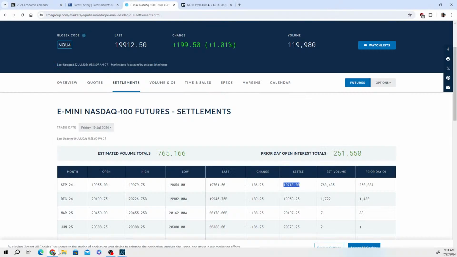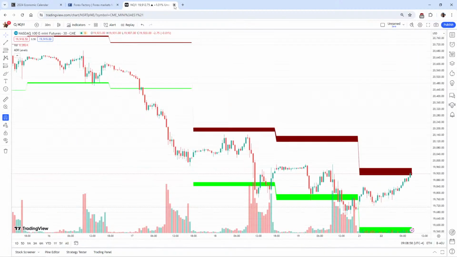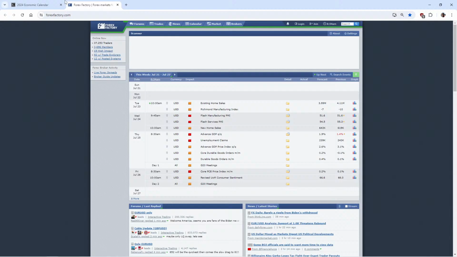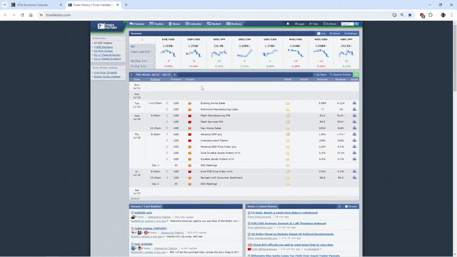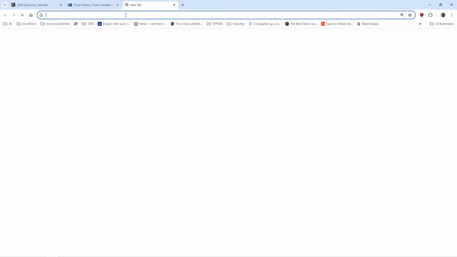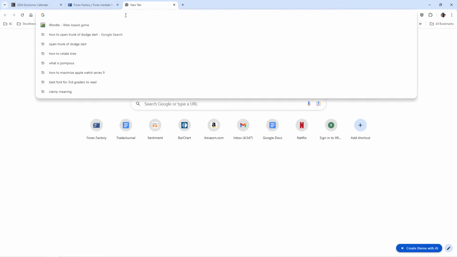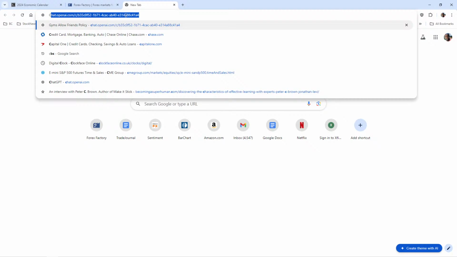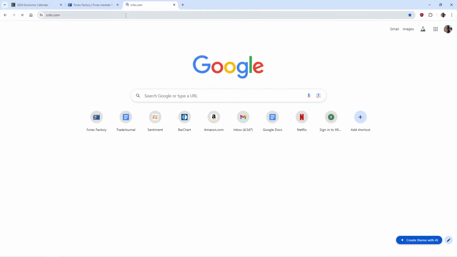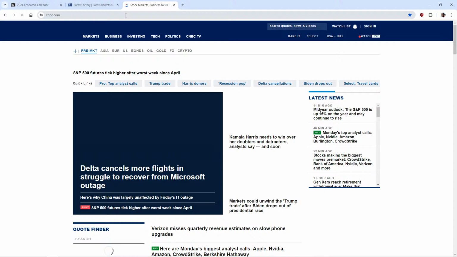Let's look at news. No news here. Nothing here. So the only news that we have is that Biden decided to step down from the presidential election race. That's probably the only news that might drive the market.